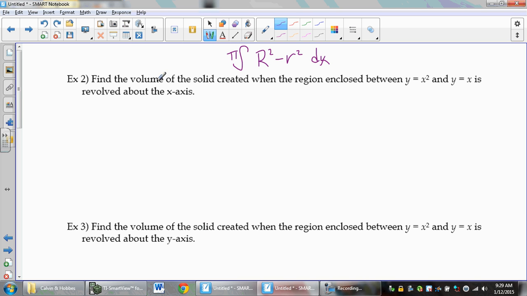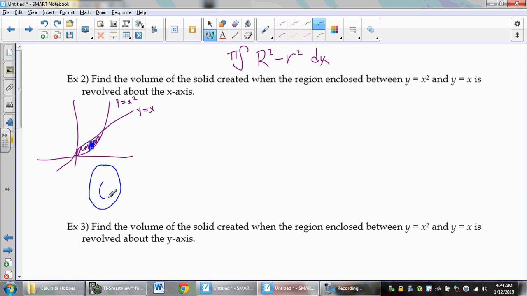Okay? So find the volume of a solid created when the region enclosed by y equals x squared and y equals x, when this region right here is spun around the x-axis. Okay, so if I spin that around the x-axis, it's totally going to have a hole because I have this representative rectangle. It's going to go whoop, spin around. And so my disk looks like this. It's got a little edge to it. And my outer radius goes from the x-axis up to the furthermost curve from the x-axis.